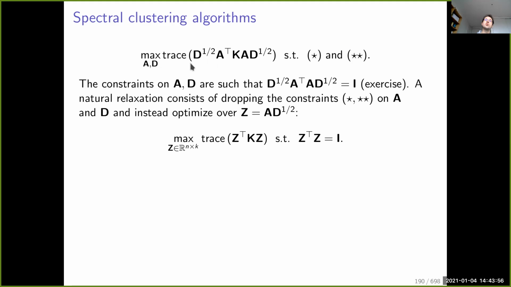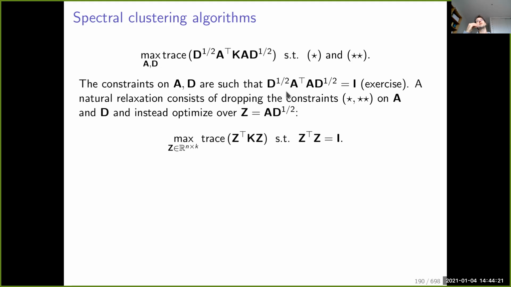So if we look at the constraints that we have on A and D, it turns out that it's easy to show that the square root of D times A transpose A times the square root of D is equal to the identity. If you have a hard time following this, remember that A is an assignment matrix.